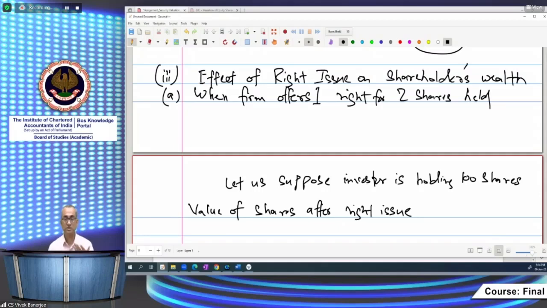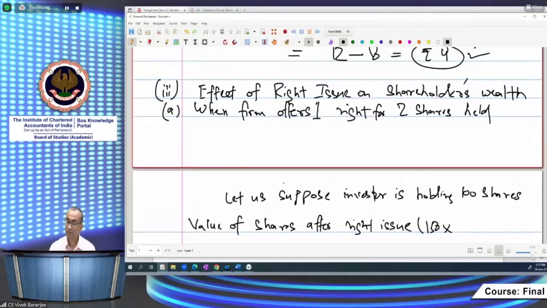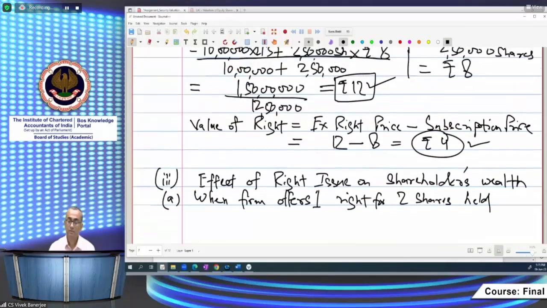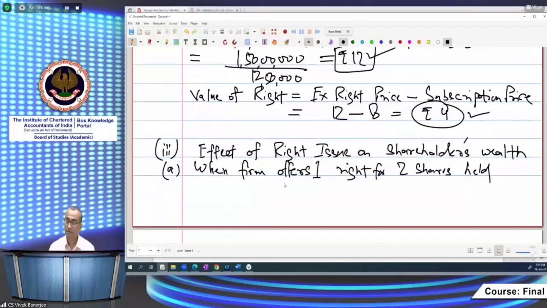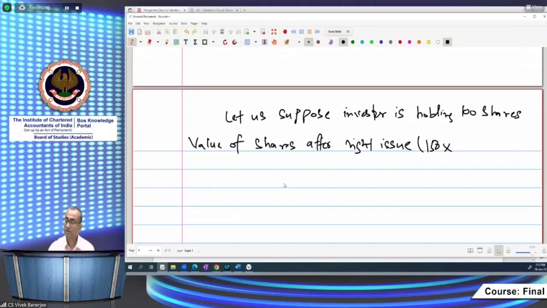Suppose करते हैं investor ने 100 शेयर होल्ड करके रखे हैं, then valuation of shares after right issue will be 150 into, फर्स्ट सिचुएशन में एक्स राइट प्राइस क्या है 10. So 150 into rupees 10, it will be 1,500.